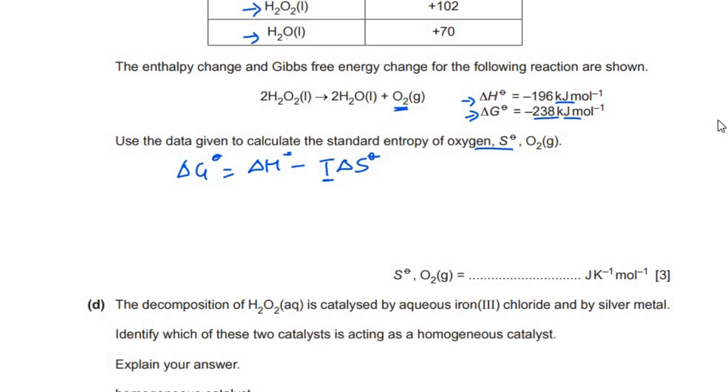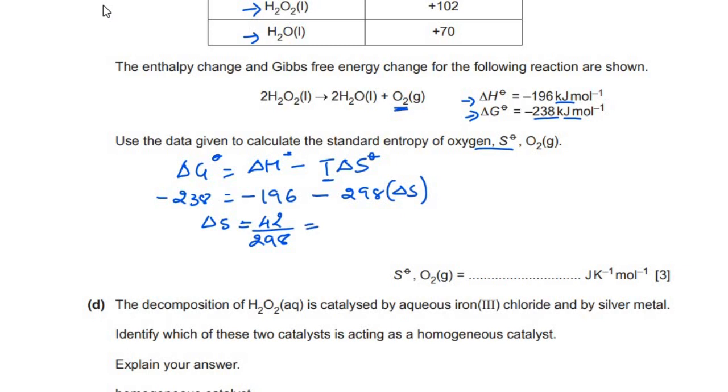So delta G, minus 238, is equal to minus 196 minus 298 into delta S. So this ends up as delta S equal to 42 upon 298. This is how we get it, and the answer is plus 0.141.